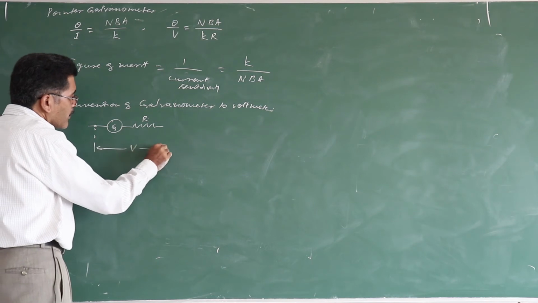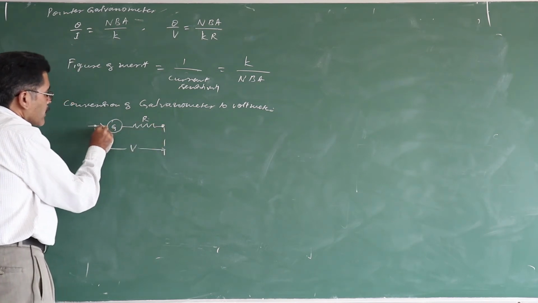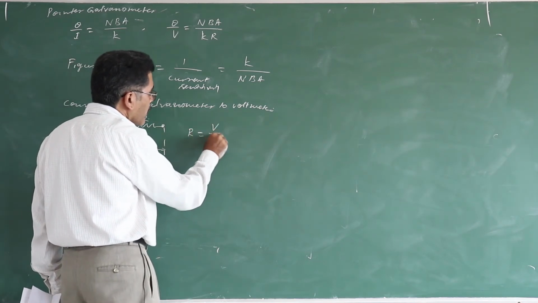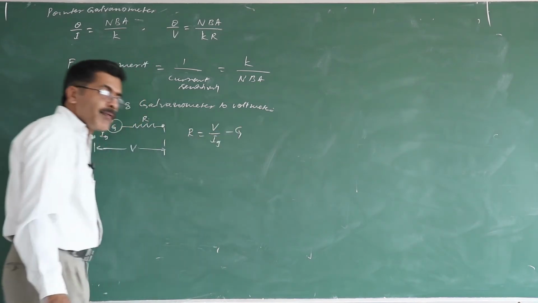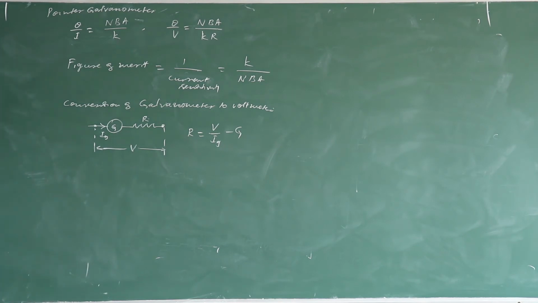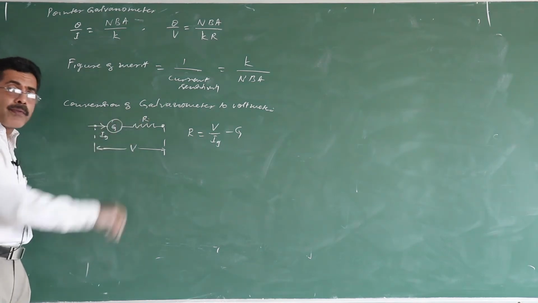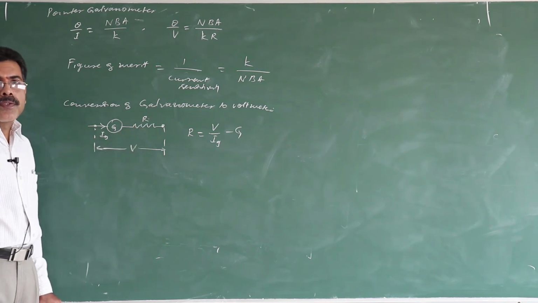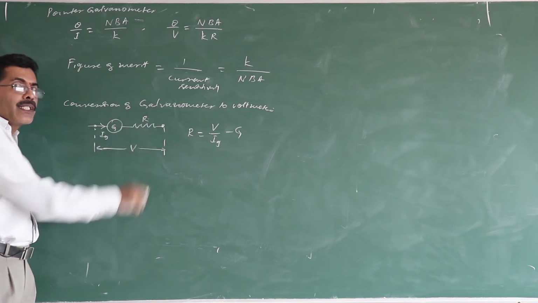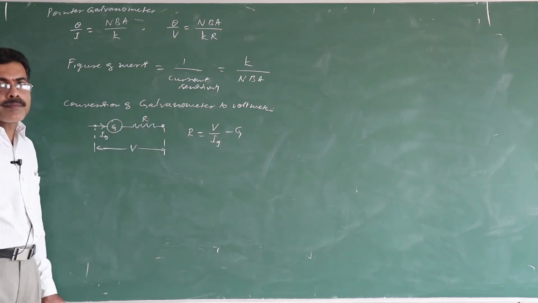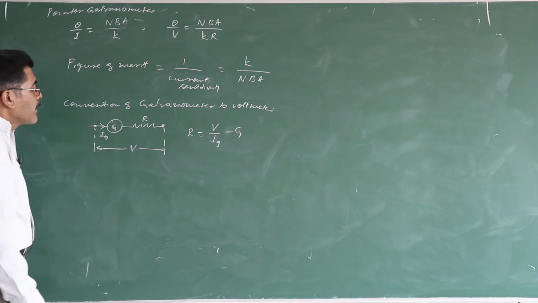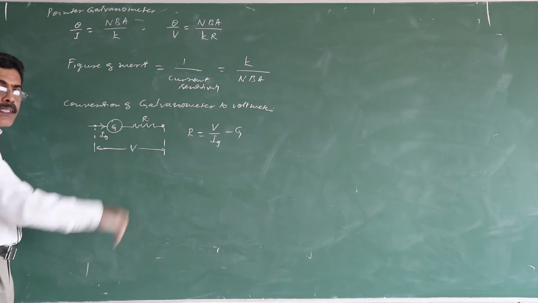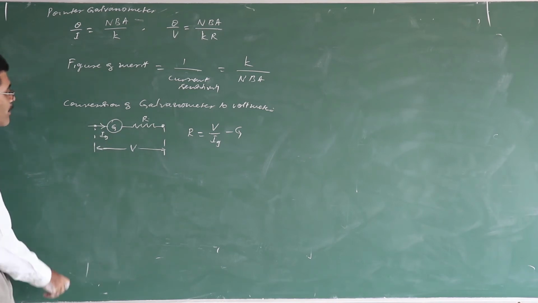Potential difference is V, and this is Ig. What is the resistance required? R is equal to V by Ig minus G. Remember, to increase the range of the voltmeter, you have to increase the value of series resistance. Only by increasing the value of series resistance can you increase the range. Then, the effective resistance of this combination is R plus G.